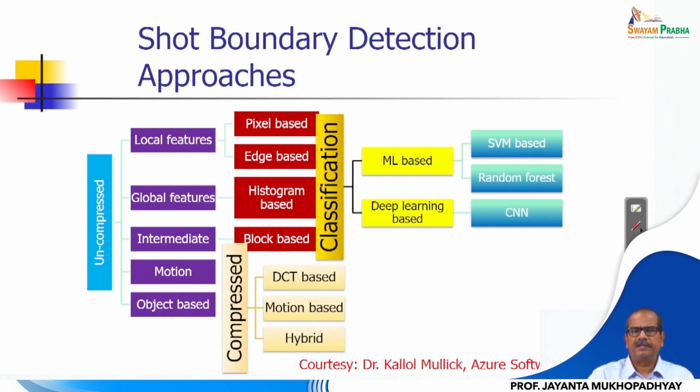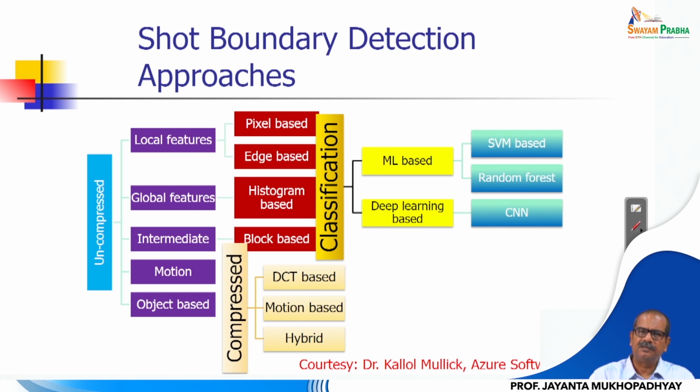This is just a summary of the various approaches of shot boundary detection. As I mentioned earlier, videos could be available in the form of uncompressed video, or, in reality, when you are storing or transmitting a video, it should be compressed. But there could be some real-time scenario when you are just capturing videos in the camera and immediately processing them.